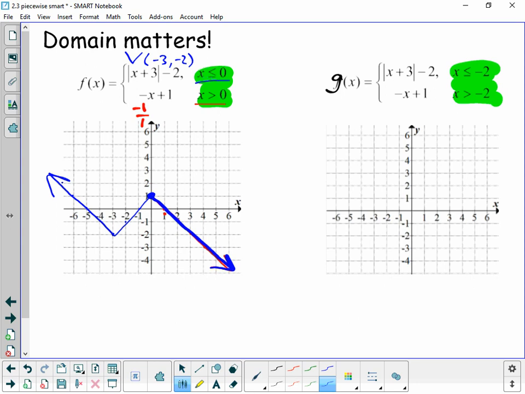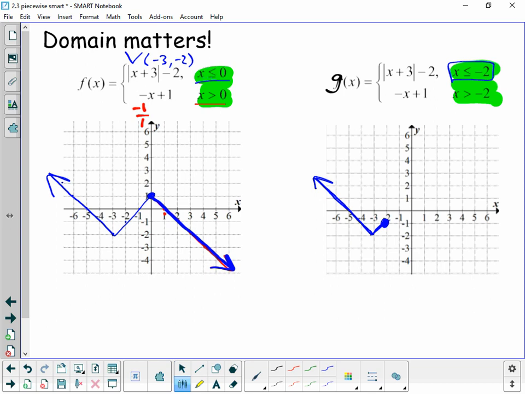G of x, again, has that same absolute value, that same line. So we know we have a vertex here. But this time our domain restriction is that we want to keep the portion that is less than or equal to -2. So it's going to have a solid circle here, and we'll just be taking this portion of it. The line again is the same line.